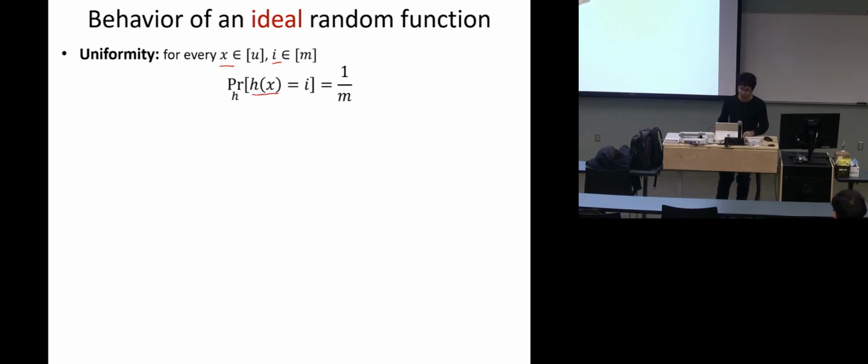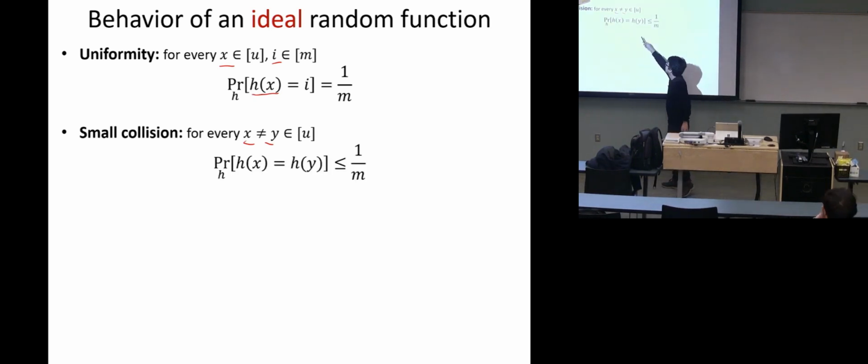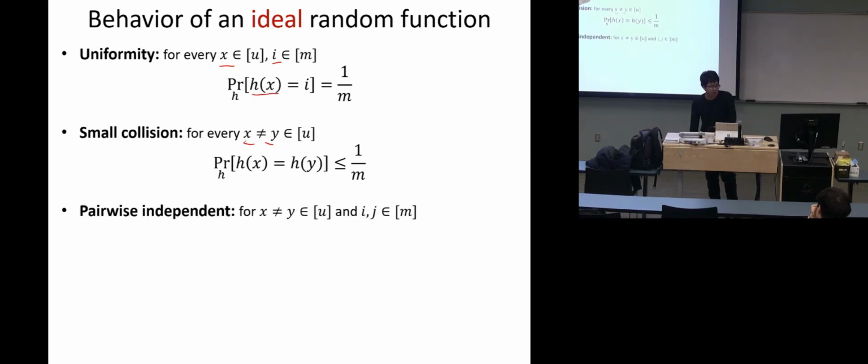Okay, that's one property. Another property that seems useful is small collision. That is, for each pair of different keys x and y, the probability that they map to the same place is small, 1 over m at most. There is a stronger one actually called pairwise independent.